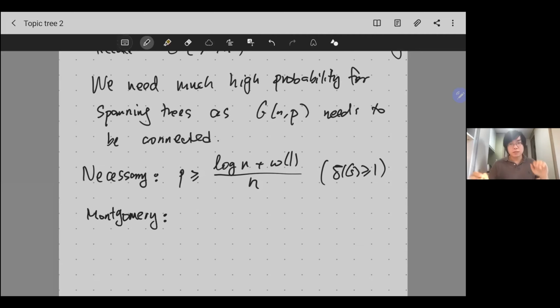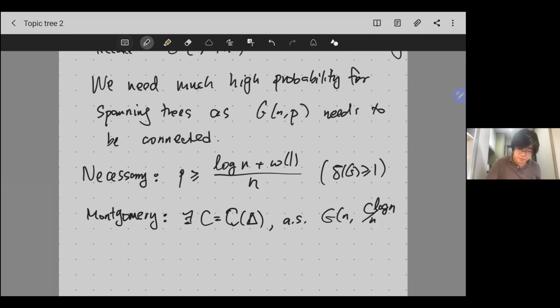When P is some large constant over n, then you see all the trees of bounded degree. So he showed that there exists C, which depends just on the degree of the tree, then almost surely G(n, C log n over n). The log is important.